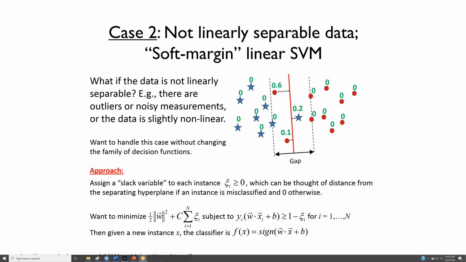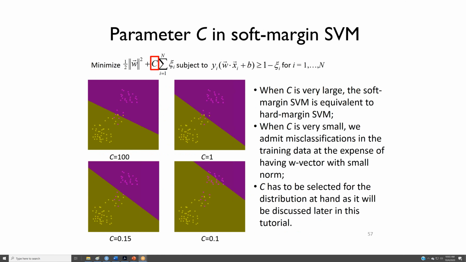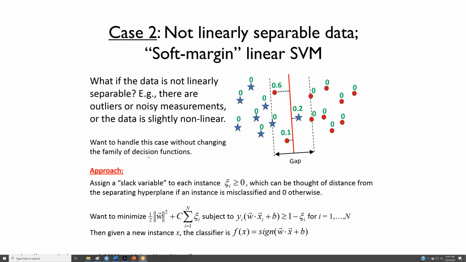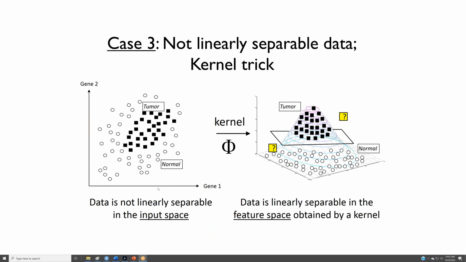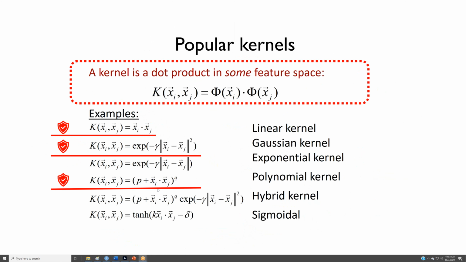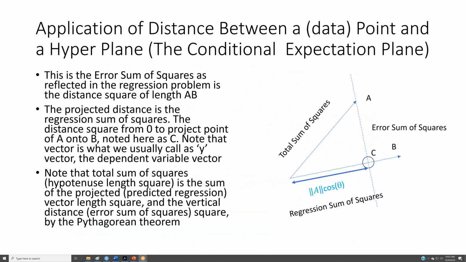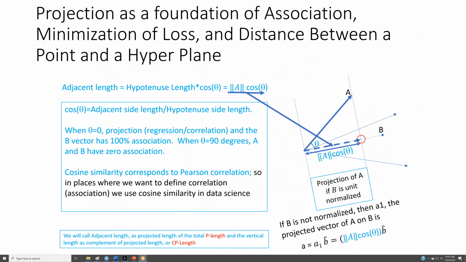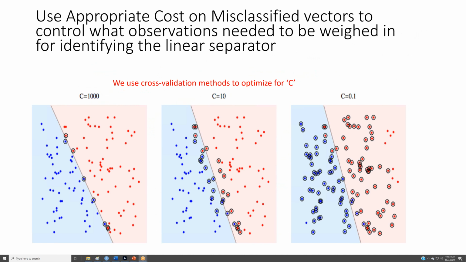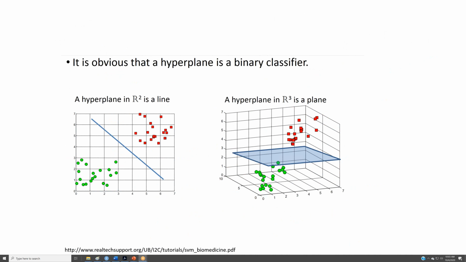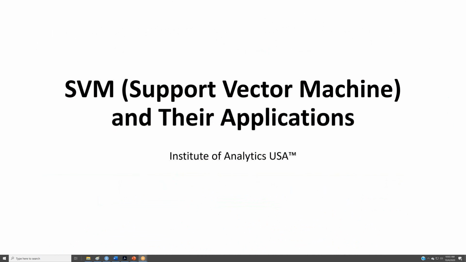I have to show it to you now. Let me first show you the optimization before I come to this nonlinear separator. Okay, the optimizing function is a little bit of mathematics. I pushed it to the bottom here. One second.